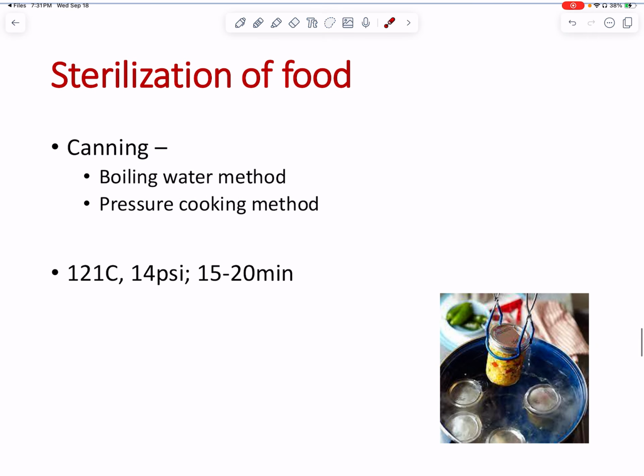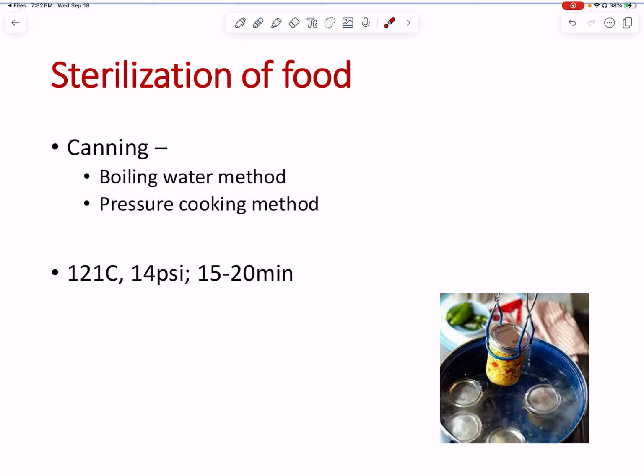So, in addition to disinfecting things like meats and cheeses, we can also sterilize food. And one of the most common methods is the canning process. There are a few different types of methods, especially if you've ever attempted at-home canning. I personally haven't, my sister has. But we can take jars and subject them to high heat.